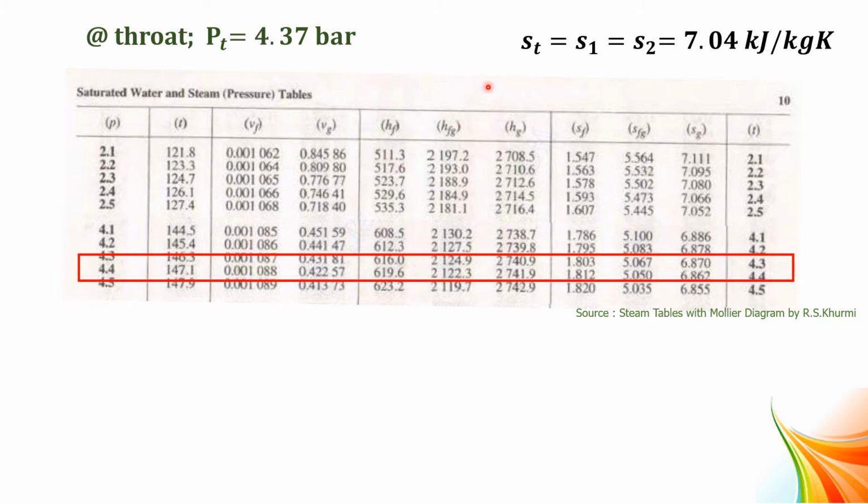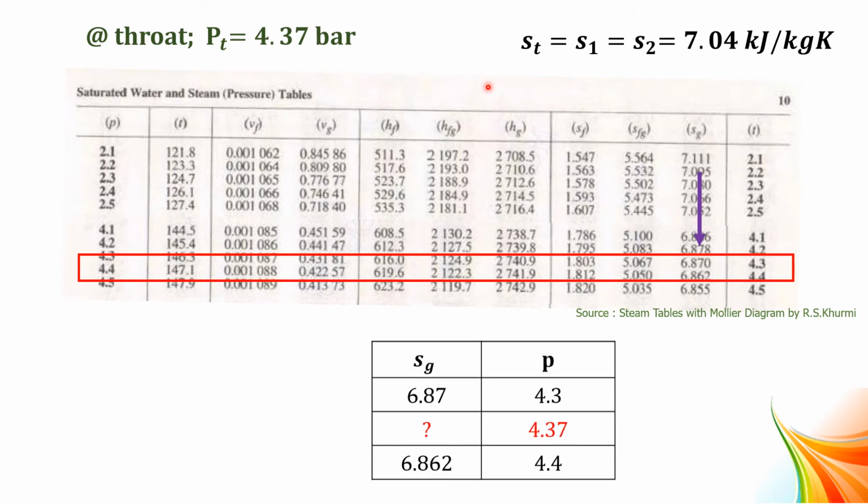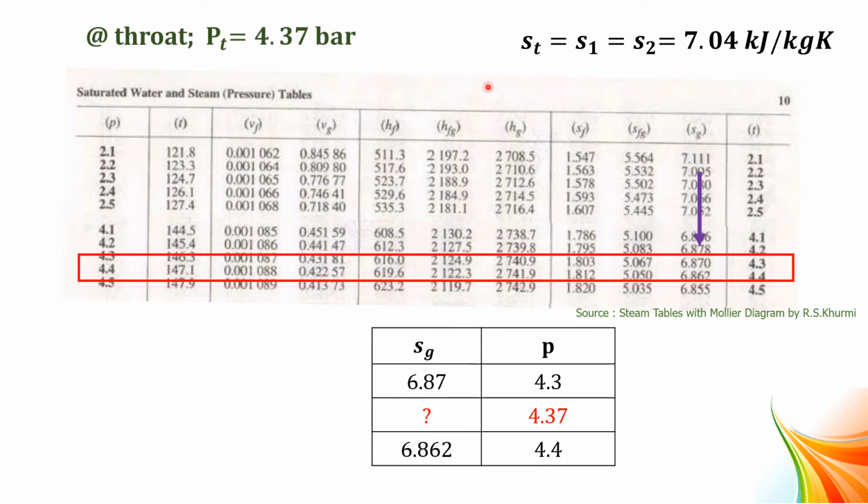So we have to take the values of Sg corresponding to 4.3 bar and 4.4 bar, and by interpolating this we can get the value of Sg. Sg equal to 6.864 kilojoule per kilogram Kelvin.